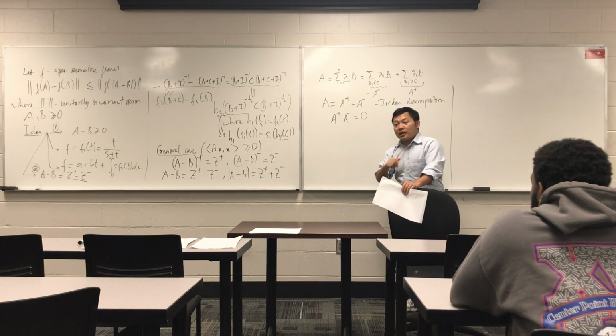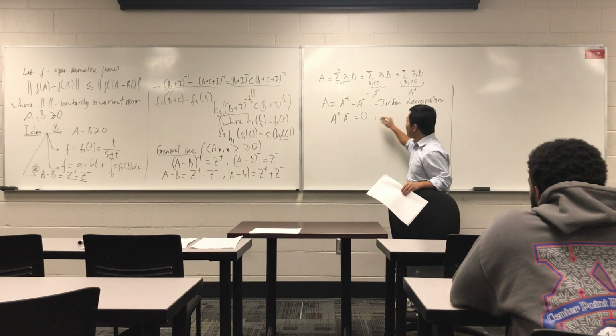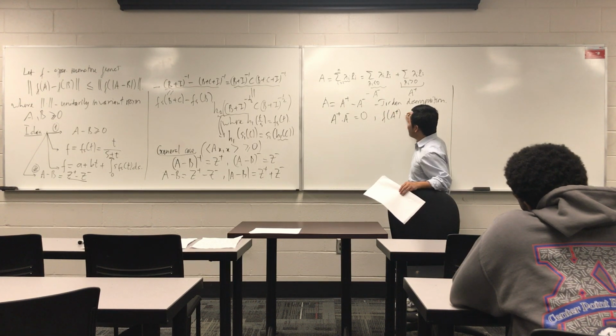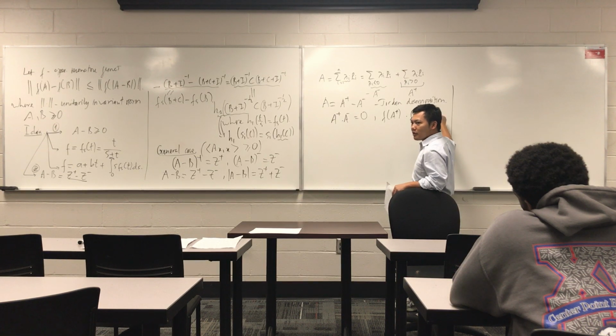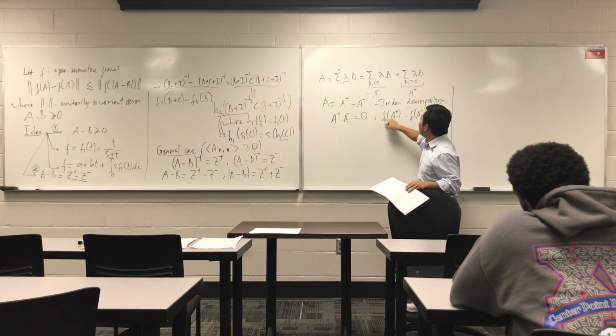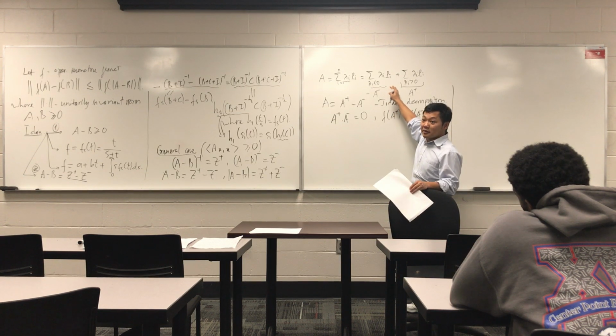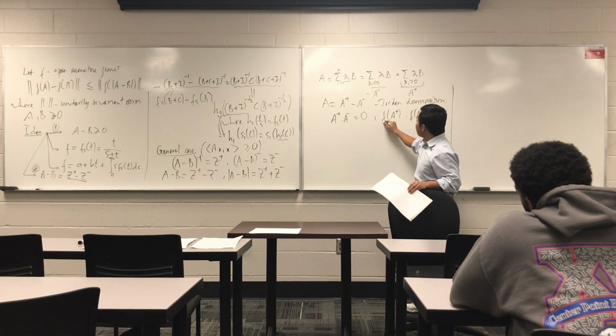And not only that, if you apply any function to this, right? If you apply a function f of A plus, and then you multiply with f of A negative, you also get 0. Any function which is defined at the eigenvalues of this. Again, you use this decomposition. For example, what is f of A plus?